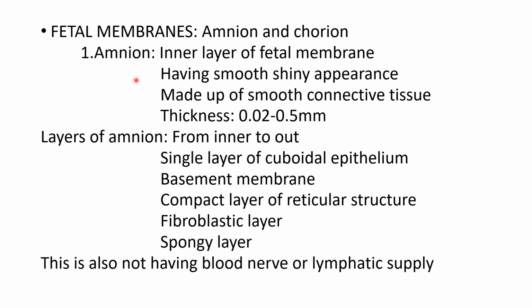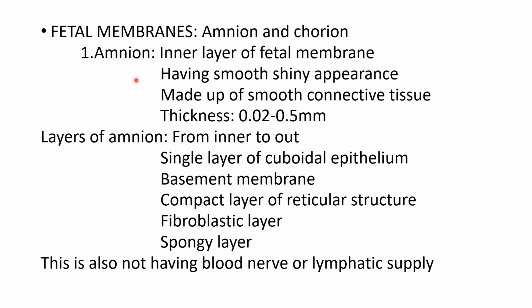It has a smooth, shiny appearance, and it is made up of connective tissue. The thickness of the amnion is 0.02 to 0.5 millimeter. Looking from inner to outer, first it contains a single layer of cuboidal epithelium, then a basement membrane, then a compact layer of reticular tissue, followed by a fibroblastic layer and a spongy layer.